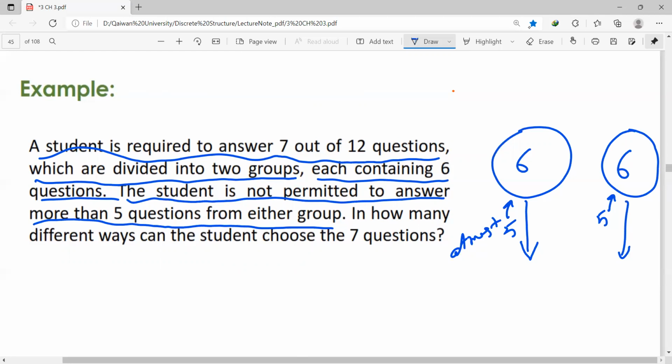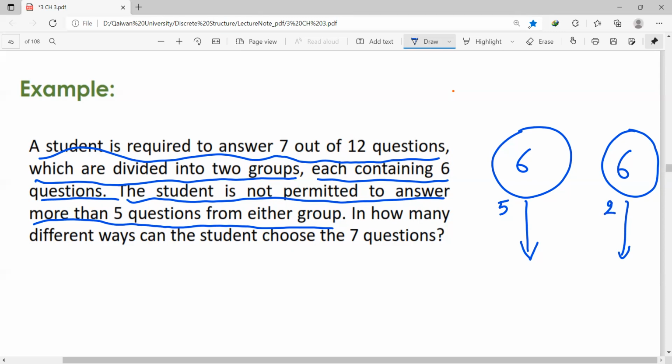Okay? But because of the number of questions required, the student must answer 7 questions. In each case, the sum of answered questions must be 7. That means in the case when the student answers 5 questions from this one, the student must answer 2 questions from this group.